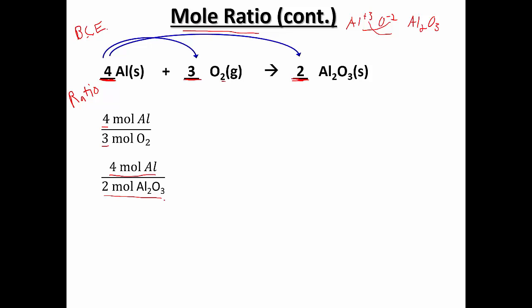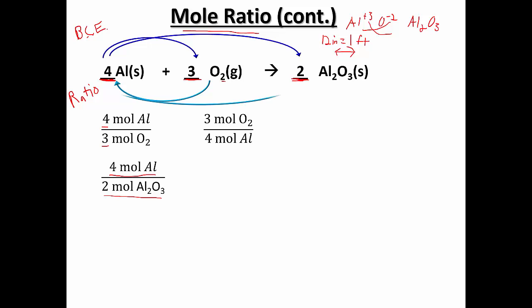We could also look at just the opposite way. Just like 12 inches equals 1 foot, we could go between those two. So we could go backwards, where oxygen to aluminum would be 3 moles of oxygen to 4 moles of aluminum, or 2 moles of aluminum oxide to 4 moles of aluminum.